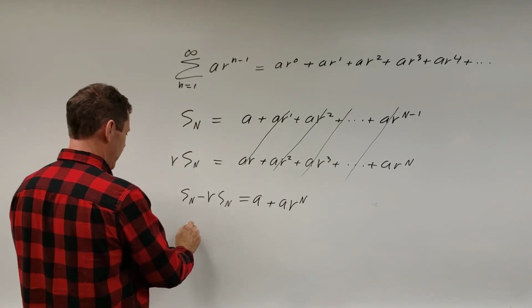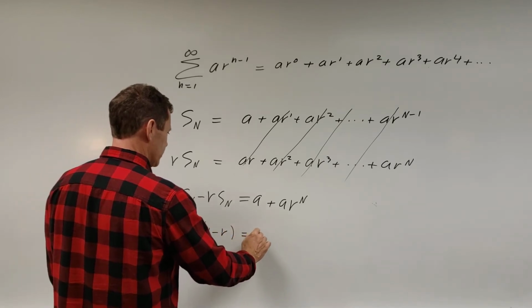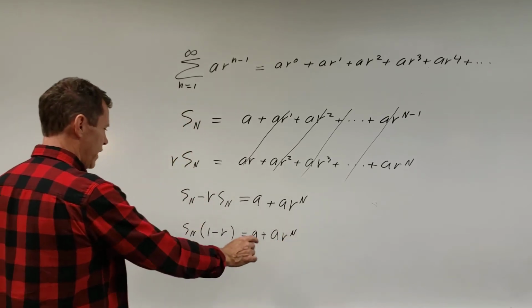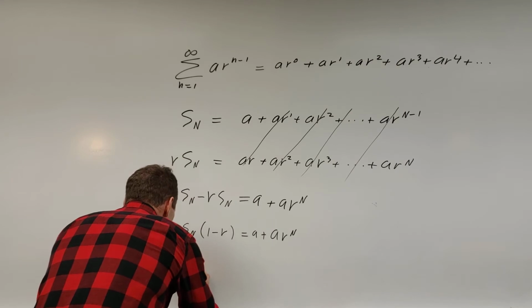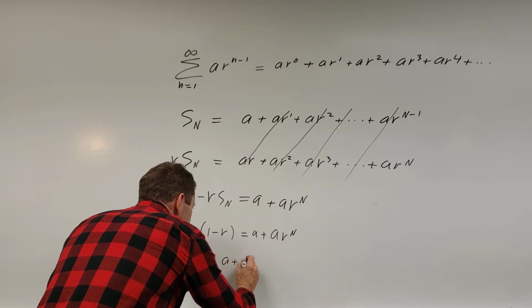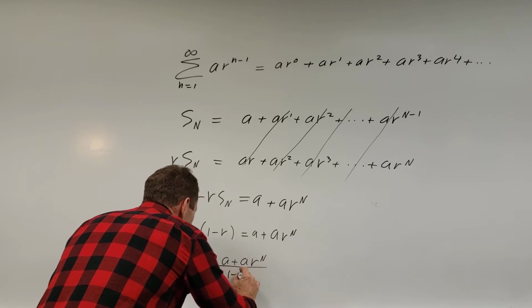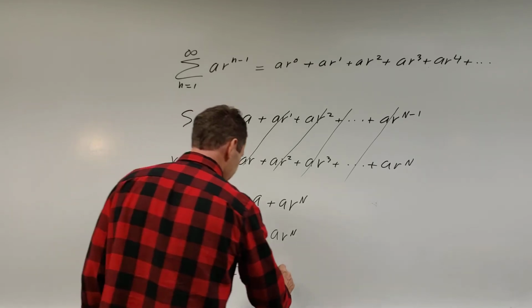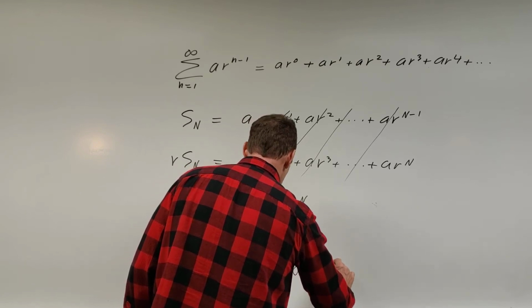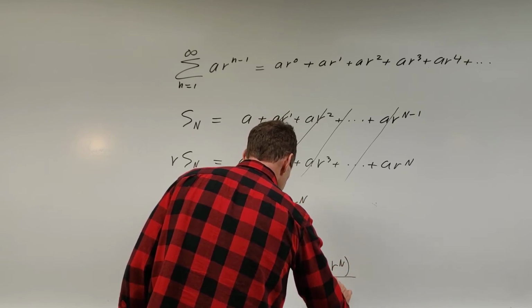That's S n, so pull out an S n, and what do you get? You get S n times 1 minus r equals a plus a r to the n. Now divide by 1 minus r, and you get S n equals a plus a r to the n over 1 minus r. Now I'm going to pull out an a, and you get a times 1 plus r to the n over 1 minus r.